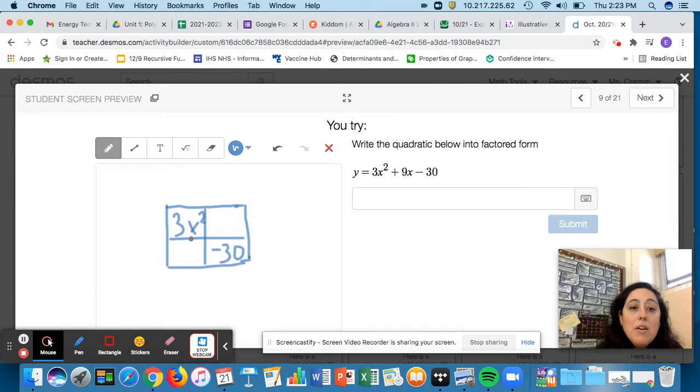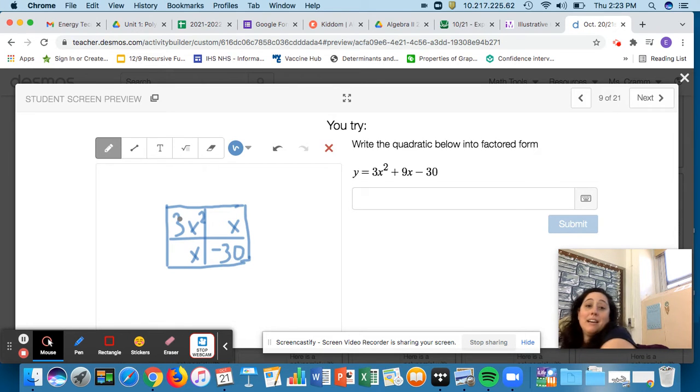Okay, and all I know about this box and this box is that they will both be an x term, right? And they will combine. They'll either add or subtract to give me a positive 9, all right? Positive 9x. So let me start at the top corner where I have 3x squared.